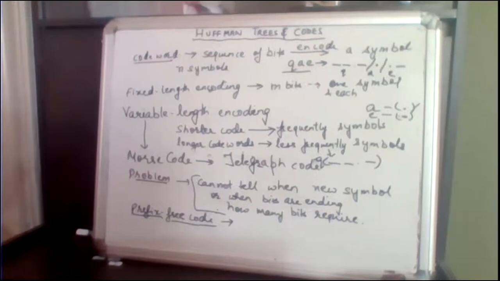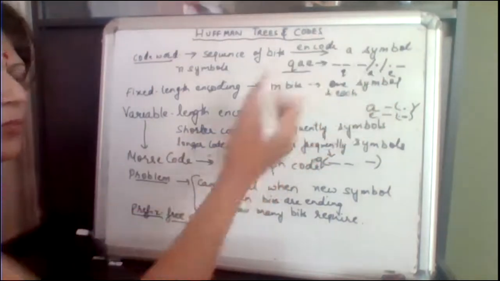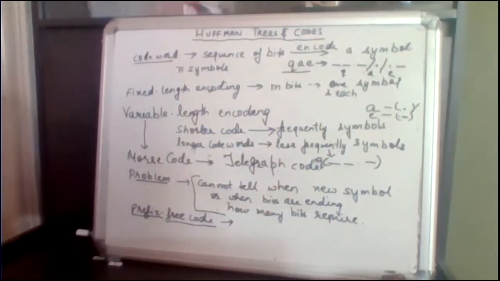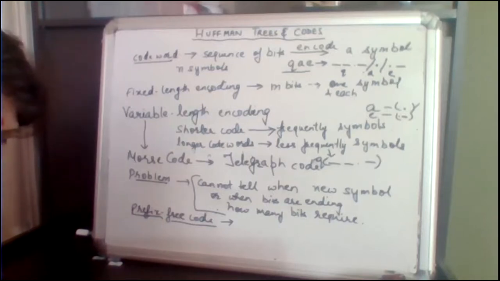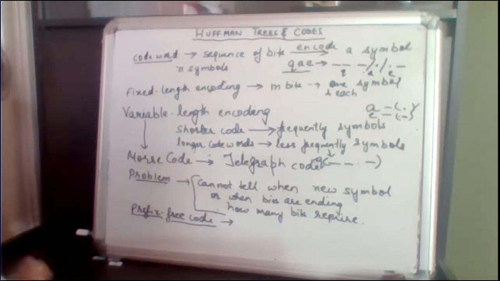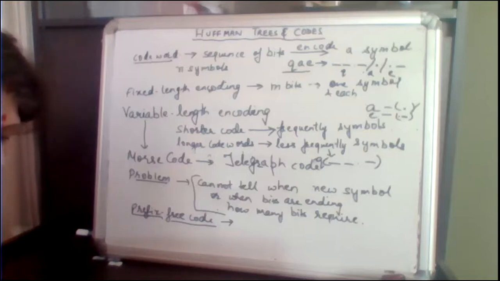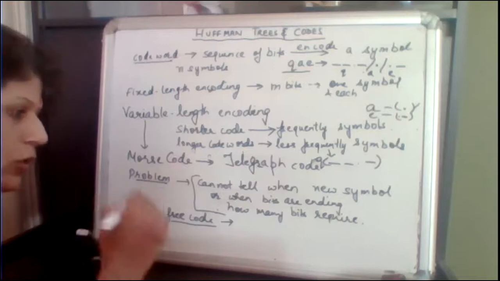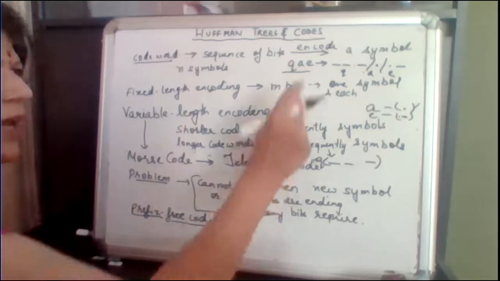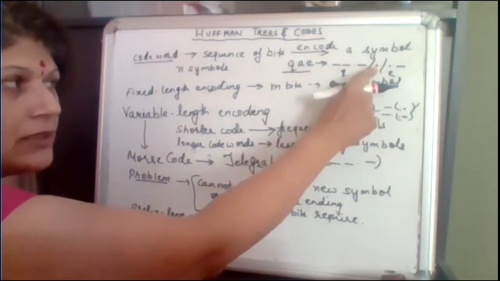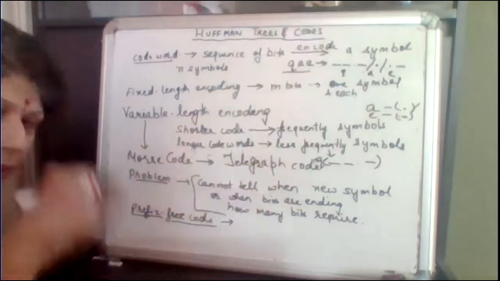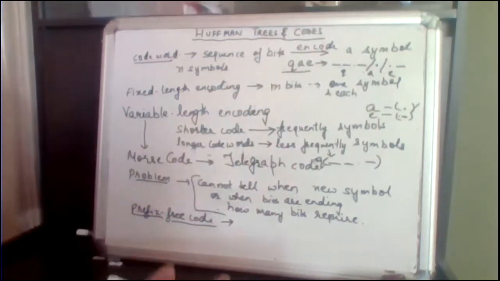But again, if we are using a prefix, it is going to increase the number of bits. So what we need here is a prefix free code. This prefix free code says that no code word is a prefix of the code word of another symbol. So we should not have any code word that can be a prefix to another code word.